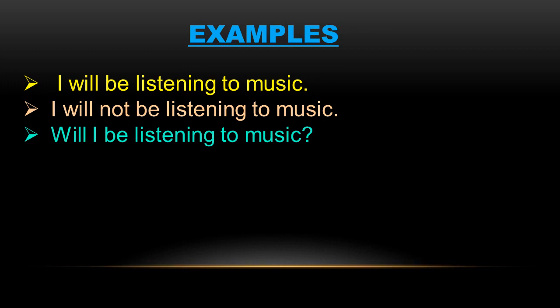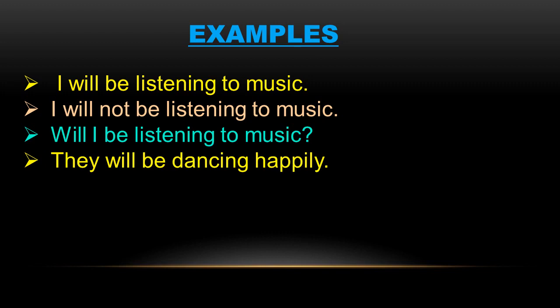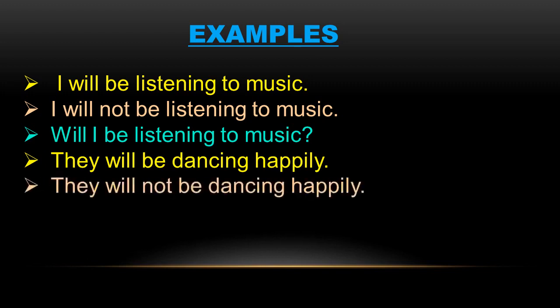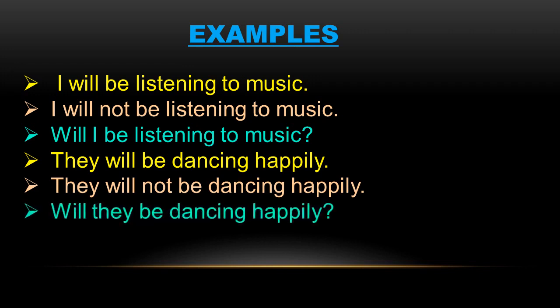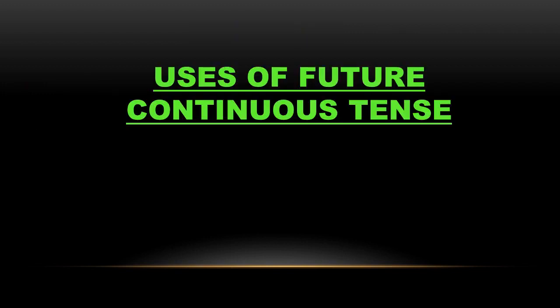Will I be listening to music? Next example, they will be dancing happily. For negative, they will not be dancing happily, and in interrogative it will be will they be dancing happily. So in this manner we frame sentences for affirmative, negative and interrogative for future continuous tense. Now let's discuss the uses of future continuous tense.